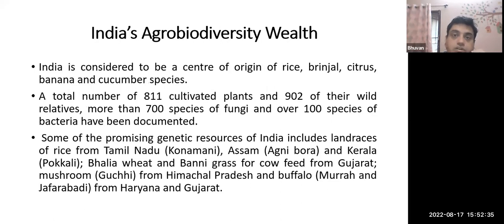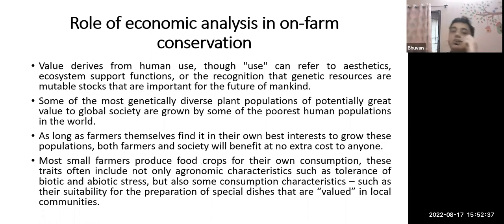Then we come to the role of economic analysis in on-farm conservation. Here we have learned that on-farm conservation or in situ conservation is a better scenario, but there are some economic challenges and economic aspects which are linked with that. Basically, the first one is the use value.